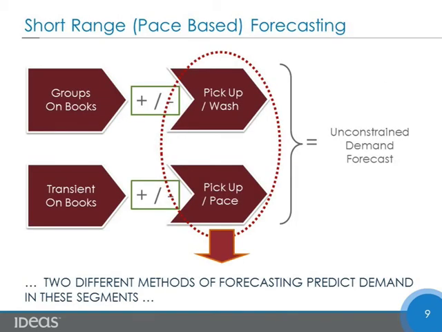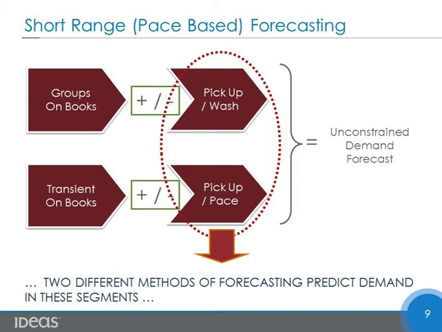Let's take a quick look at the simple way to do manual forecast. Forecast can be divided into short-term, pace-based forecast, and long-term, probably budget. Short-term forecasting can be split into two tiers, group and transient. The formula is based on the book plus pickup.